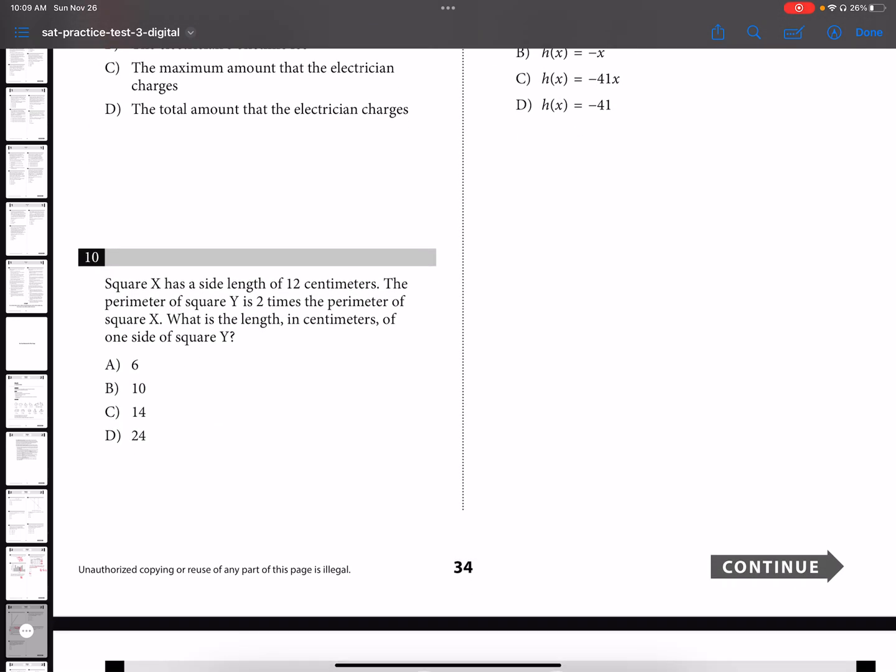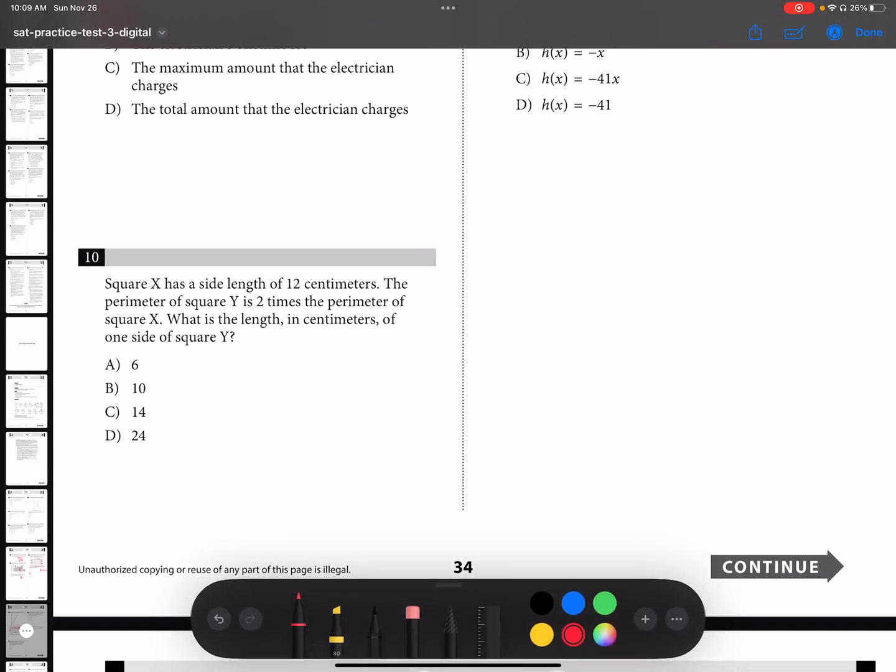Okay, number 10. Square X has a side length of 12 centimeters. The perimeter of square Y is 2 times the perimeter of the square X. So let's just redraw square X. That's square X, and this is square Y. So the side length of this is 12.